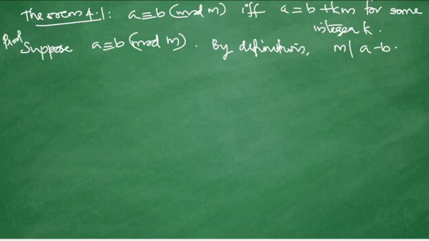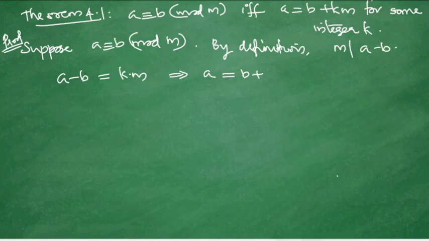Then a minus b is equal to some k times m. This implies a is equal to b plus km for some integer k. So we have proved the one part.